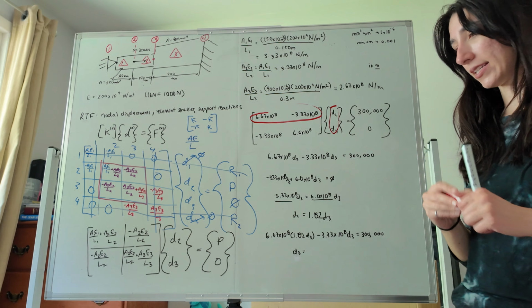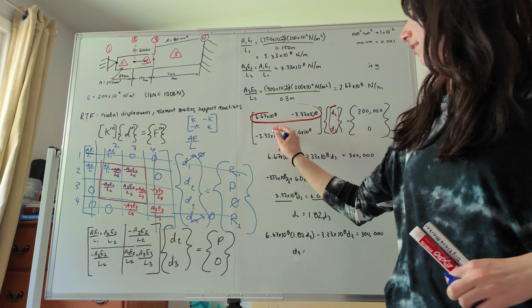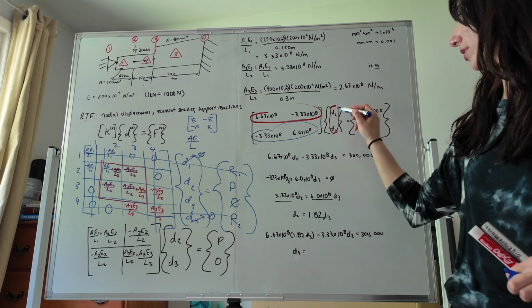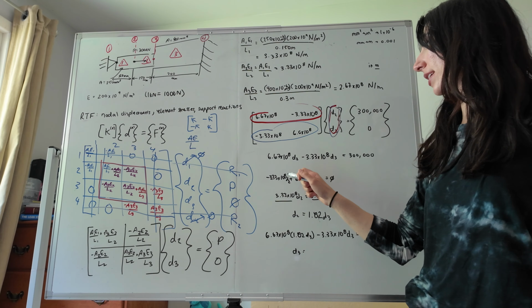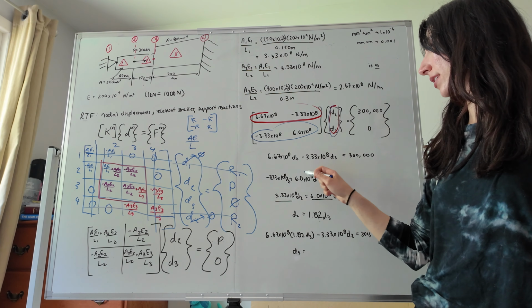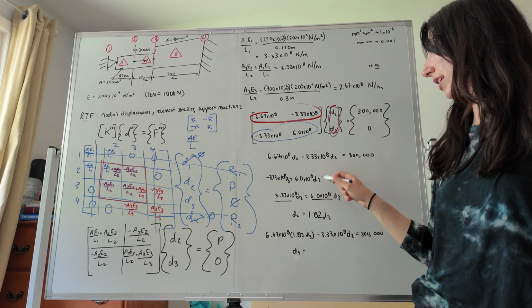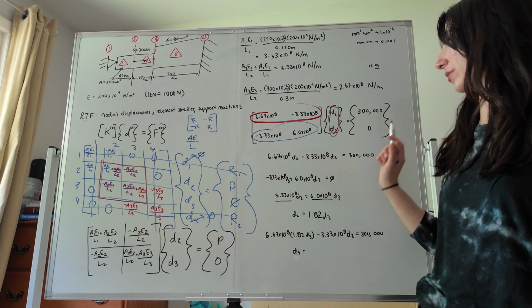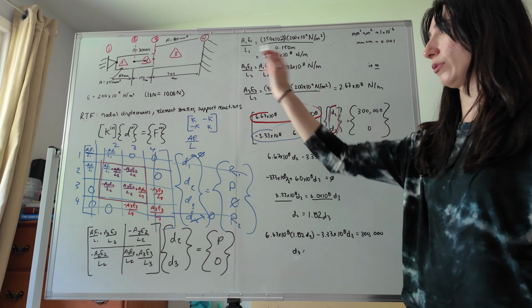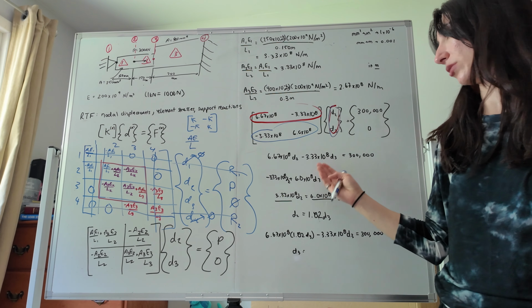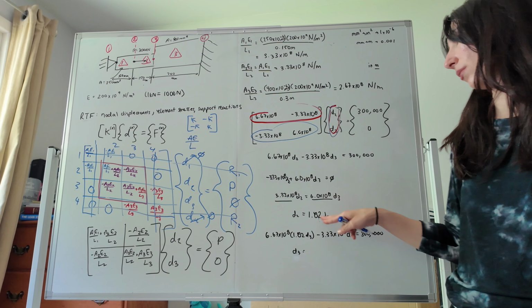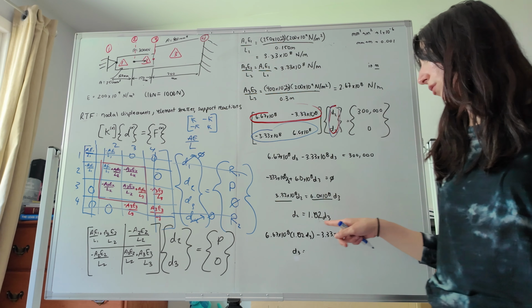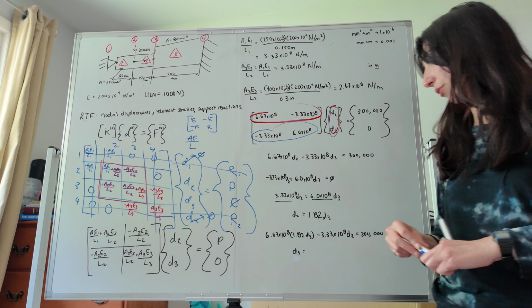Then for my second equation, I have row 2 of the simplified matrix times the unknowns, so I get negative 3.33 times 10 to the 8 d2 plus 6.0 times 10 to the 8 d3 equal to 0 because there's no external forces at node 3. Then I can rearrange one of these equations to get d2 in terms of d3, where d2 is displacement at node 2, d3 is displacement at node 3.